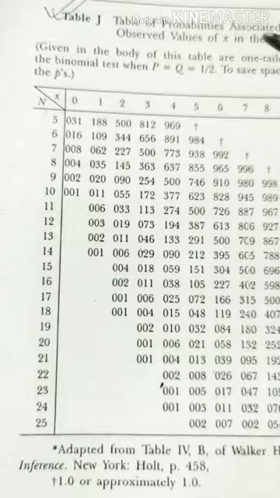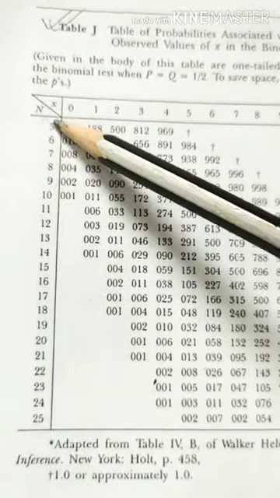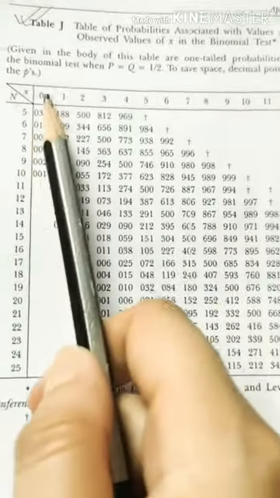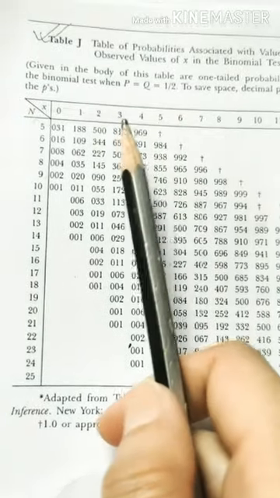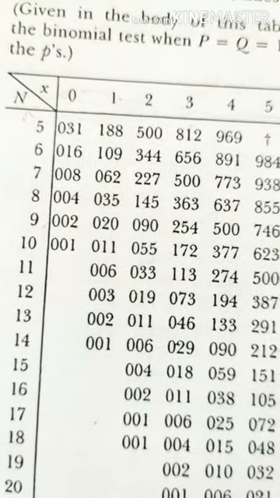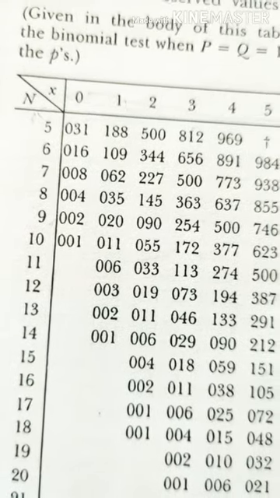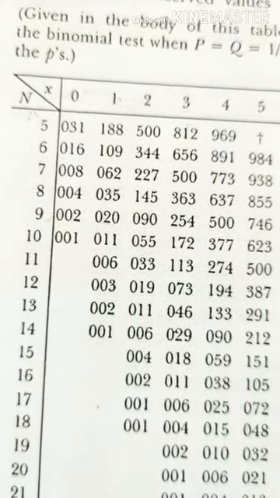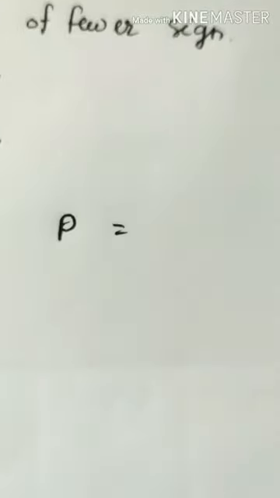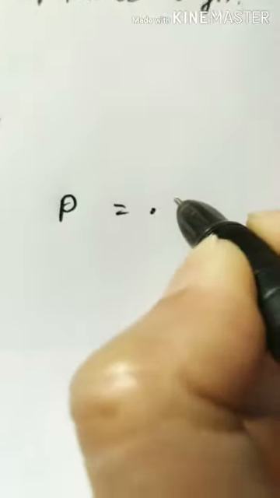And since in our question the value of n is 9, and in this row the value of x is 3, the value for sign of differences is 0.254. Sign of differences is denoted as p, thus the value of p is 0.254.